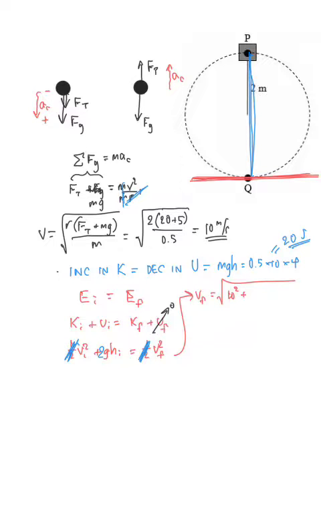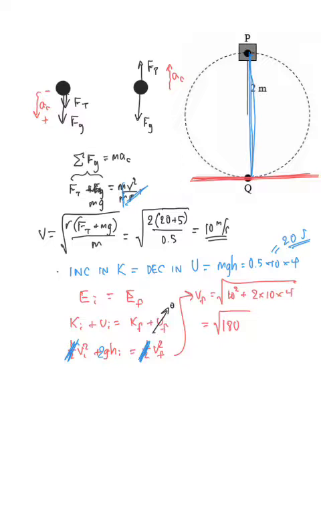So 10 squared plus 2gh, so 2 times 10 times the 4, the diameter of the circle. That gives you the square root of 100 plus 2 times 10 times 4, which is 80. So this is going to be the square root of 180.